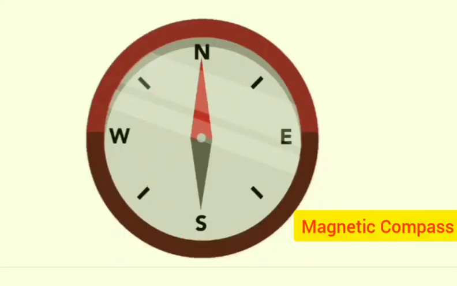Magnetic compass. A magnetic compass is a simple device which helps us to locate a place. A compass is usually a small box with a glass cover on it. A magnetized needle is pivoted inside the box, which can rotate freely.